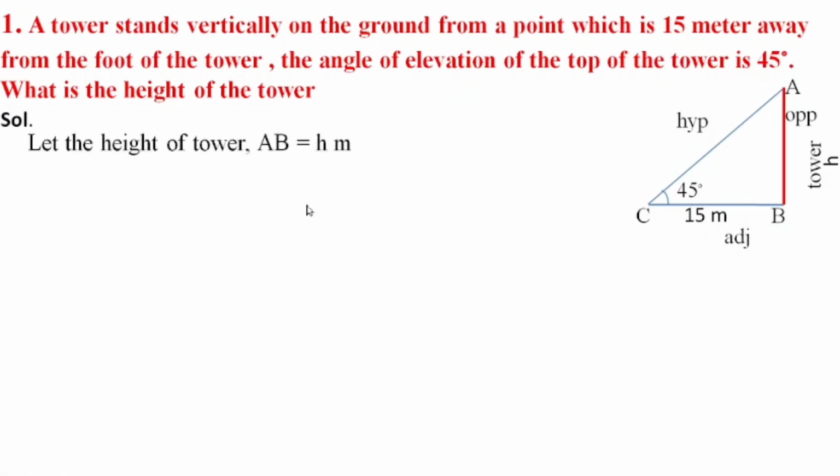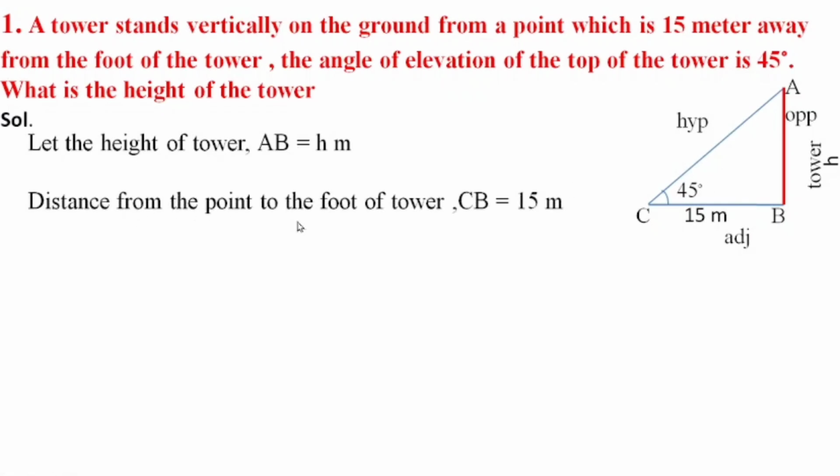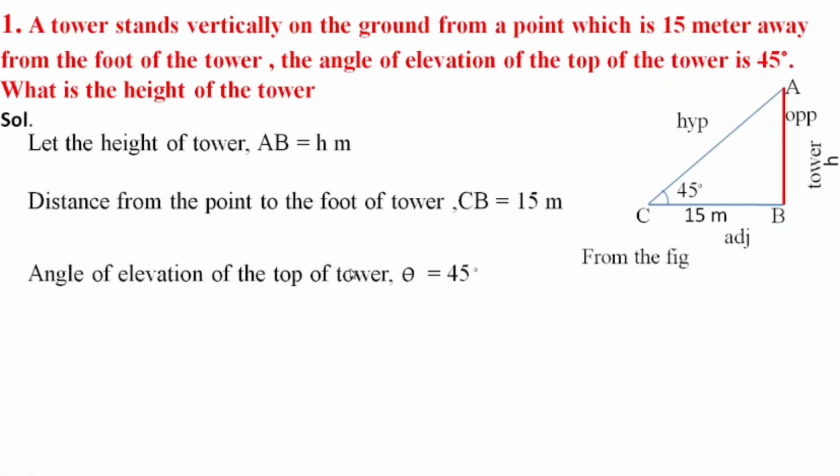So let the height of the tower AB be h meters, the distance from the point to the foot of the tower is 15 meters, and the angle of elevation of the top of the tower is 45 degrees. From the figure I know the adjacent and I need to find the opposite side, which is h. So which trigonometric ratio should I take?